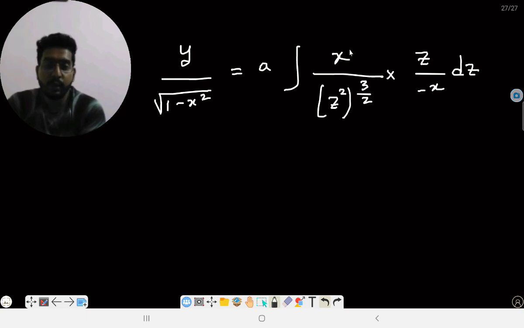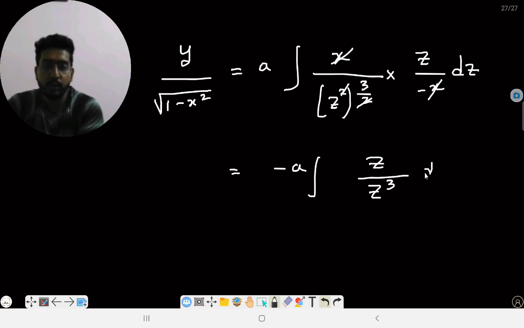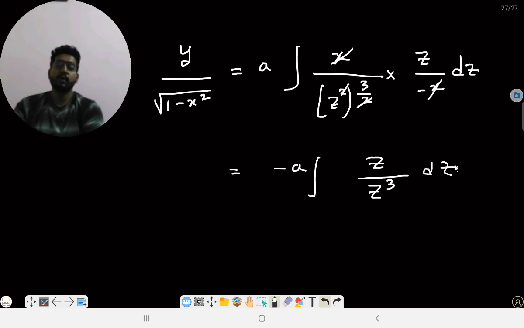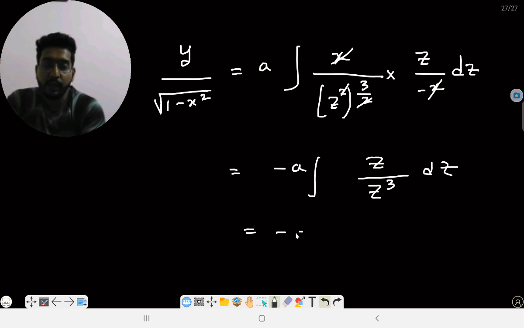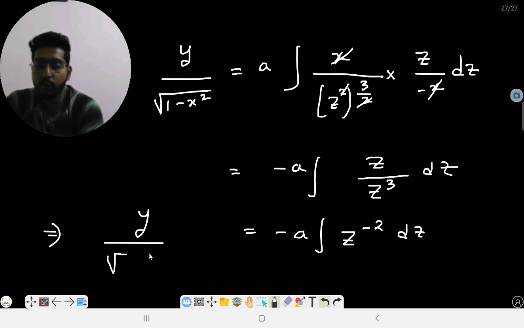Now if I see here, x and x cancel out and 2 cancel out, so that becomes minus a integration of z by z cube dz, like this. So it will become minus a integration of z to the power minus 2 dz, and here it is y by root over of 1 minus x square.